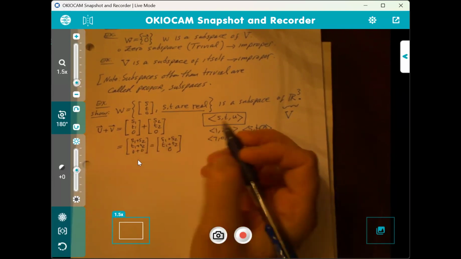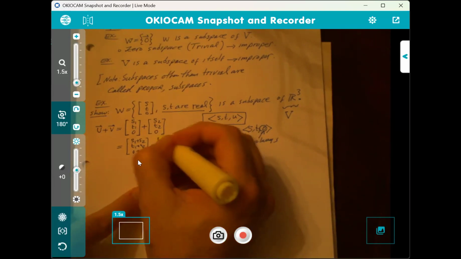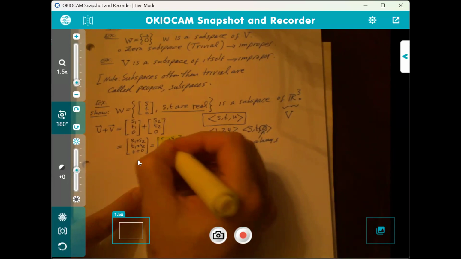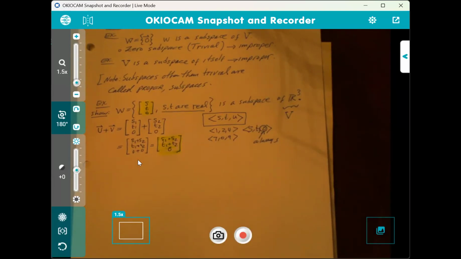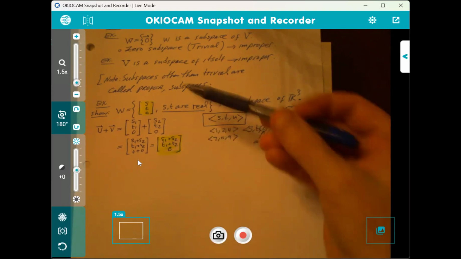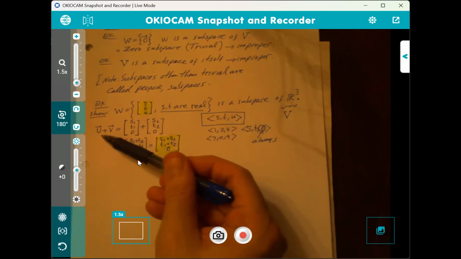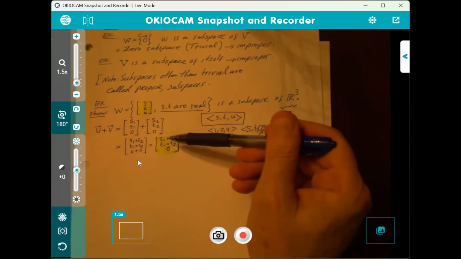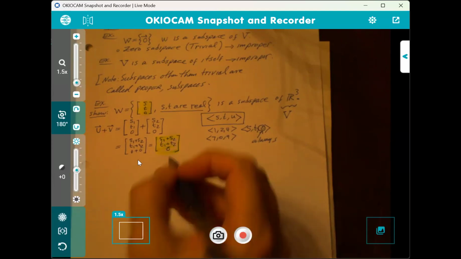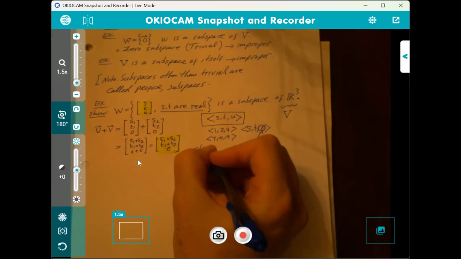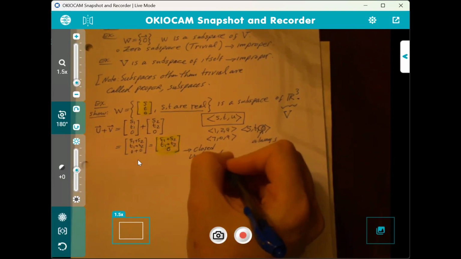Look at the structure of this one and look at this one. Do they not have the same structure? This one has a real number and 0, and we just showed that the sum of any two vectors will be in the form of real, real, 0. Therefore, this is closed under addition.